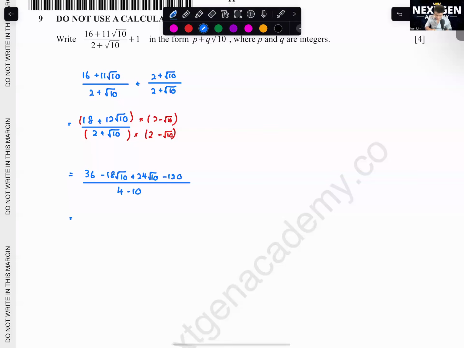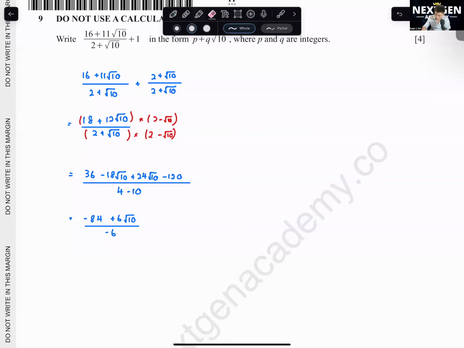Here will be 36 minus 120, which is minus 84, minus 18 plus 24, which is equal to 6 surd 10 over minus 6. Both top and bottom, we divide by minus 6.